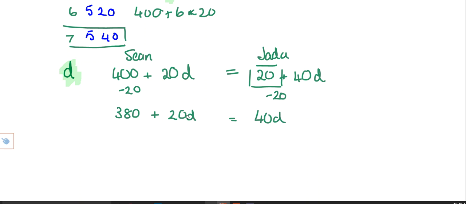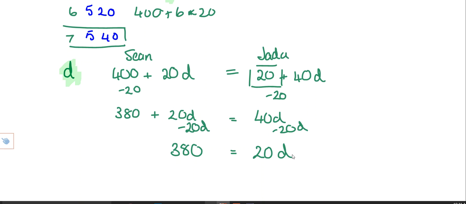So let's take away 20 days from both sides, and I'm left with 380 shells. It's 20 lots of the number of days, so not 20 now days.